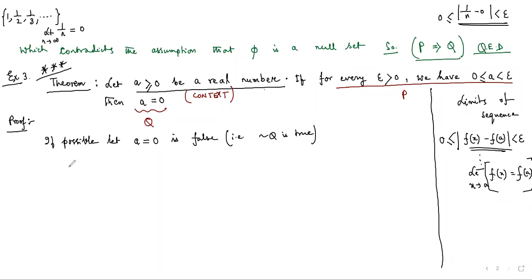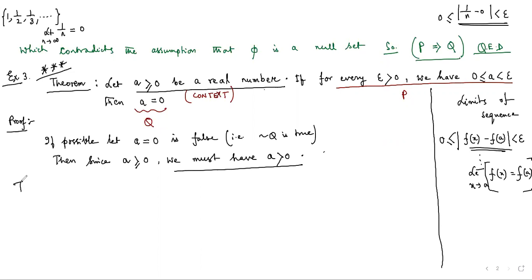Okay. Then since a is greater than or equal to 0, we must have a greater than 0. Why? Because you have told that a equal to 0 is not possible. So there is only one possibility, that a must be greater than 0.